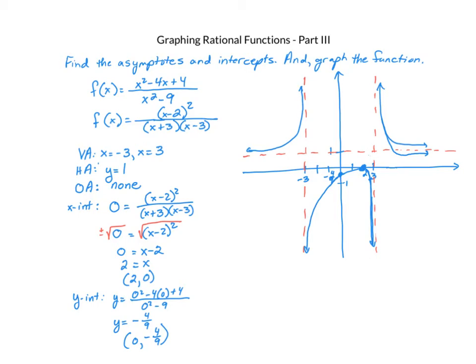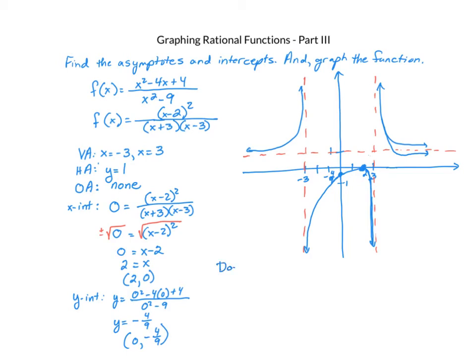So which does it do? Does it look like this or does it look like this? And similarly over here on this side, the graph could approach the asymptote from above or it could approach the asymptote from below. So our job now is to see whether the graph crosses the horizontal asymptote.